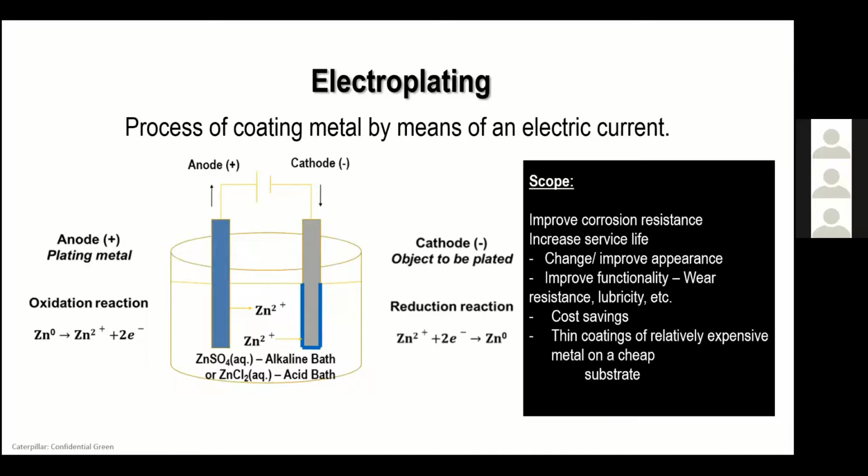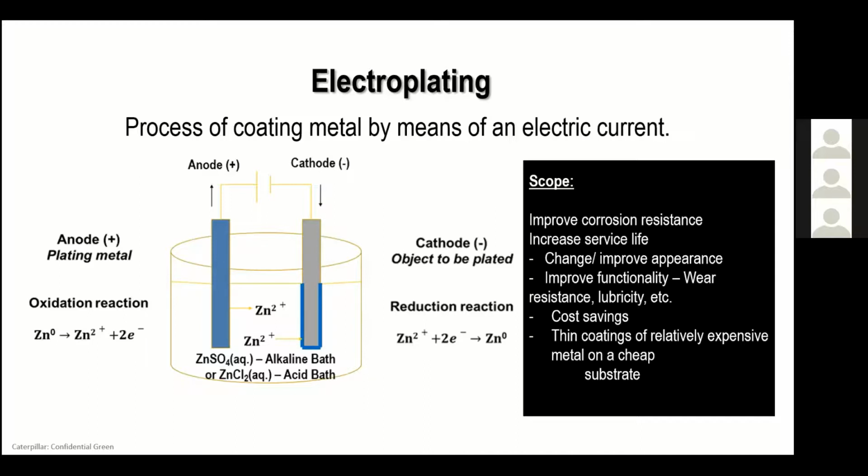And that means that you have the ions in there to give you that electrolyte. So as you use a power source, again, the oxidation is going to occur at the zinc, that blue bar, and the electrons are going to flow, and the zinc is actually going to plate out on that ferrous gray bar there. And so that's how they do it, with electricity and a certain type of bath.